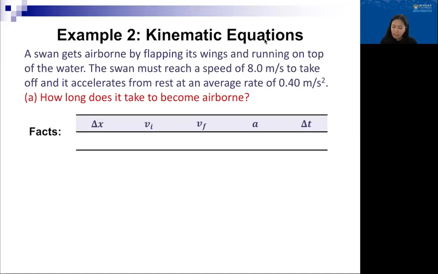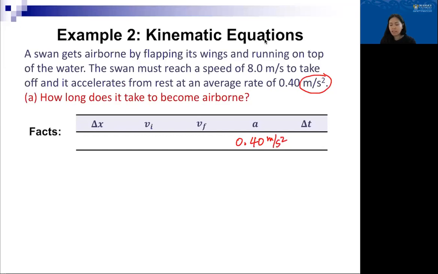The word acceleration is not explicitly stated in the problem, but you're right, 0.4 meters per second squared. If you look at the units, you know that meters per second squared is the unit for acceleration. So even if the word is not explicitly stated, by looking at the units, you know that acceleration is given.